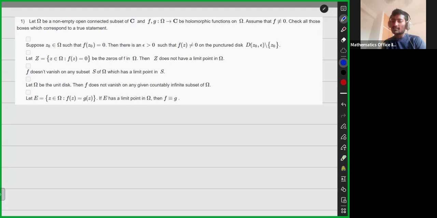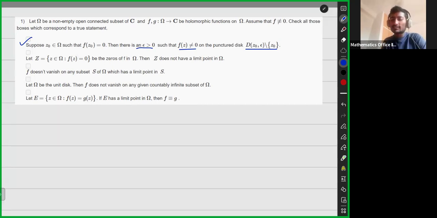Then there exists an epsilon such that f(z) is non-zero inside the punctured disk. So this is the theorem. If you remember, we just went through all the details. Zeros of a holomorphic function are isolated. So this is the correct option. Once it is 0 at z naught, in a neighborhood of z naught it is not 0. Okay, so this is correct.